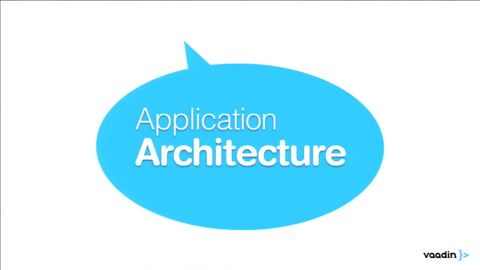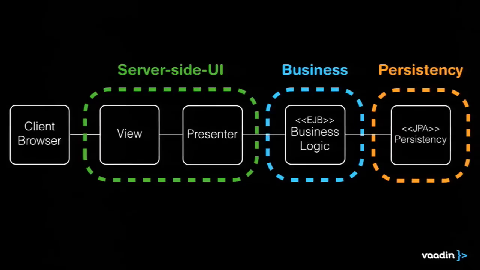Let's just have a very quick look at the actual complete architecture, what it would look like if you built a Vaadin application with MVP on top of Java EE. This is possibly the most common kind of layered architecture of any system.